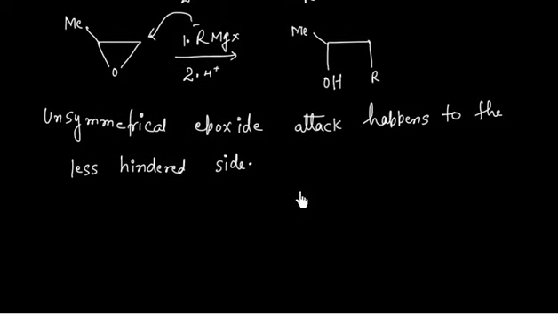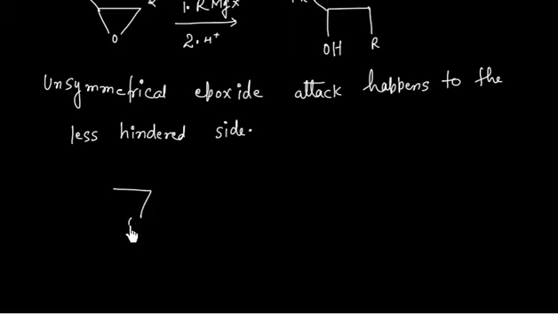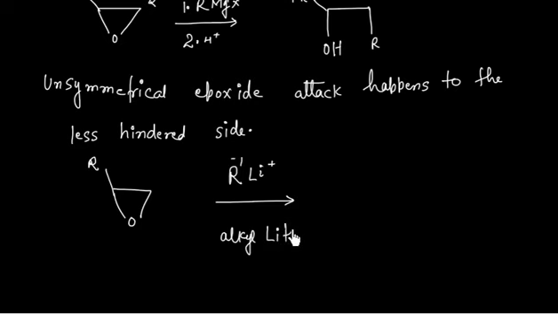Methyl lithium is more selective in this kind of reaction. So if I use methyl lithium or alkyl lithium, let us say we have R this side, and if we use alkyl lithium, the reaction is more selective, that is mainly it will attack on this side. Very few molecules will attack this side.